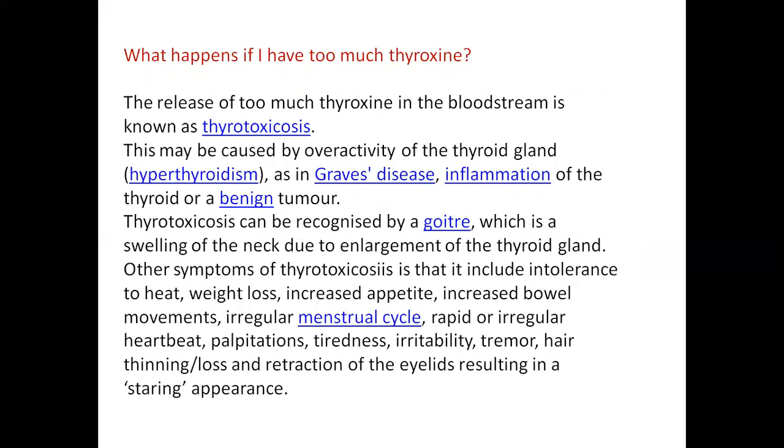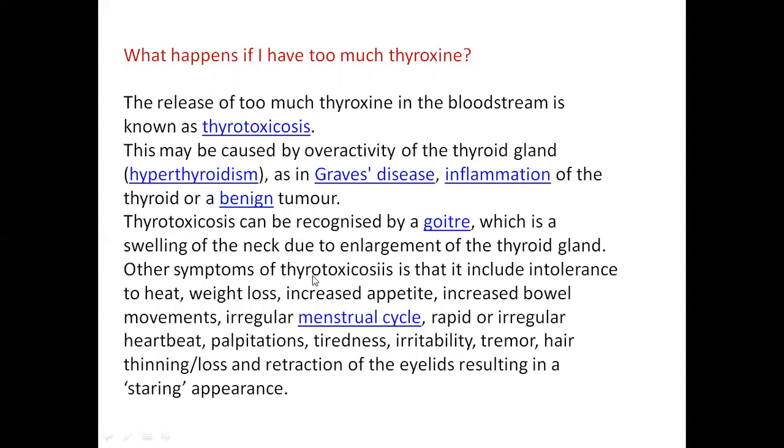And this excess concentration of thyroxine results in the formation of goiter. You would have seen some people with an enlarged or swollen throat. That condition is referred to as goiter, which is a swelling of the neck due to enlargement of the thyroid gland.